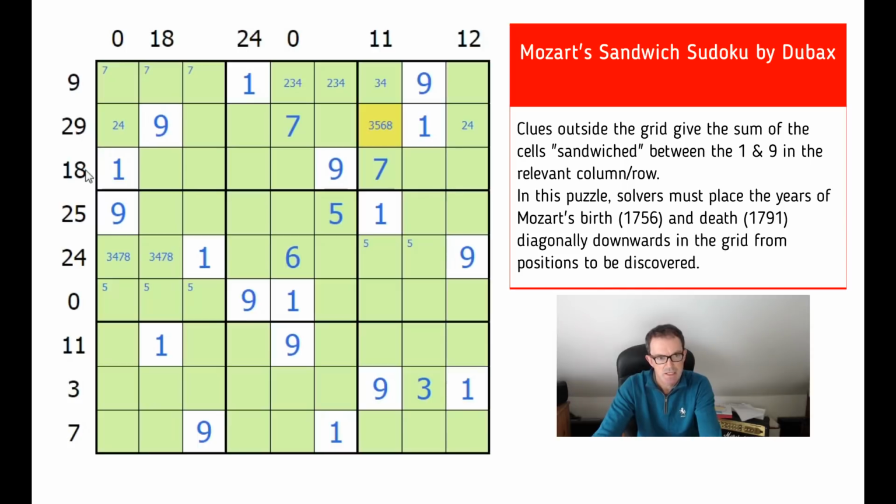And this 18 here, so 18, 28, 35, these two squares sum up to 10 without using a 7 or a 9. So these squares are either 2, 8 or 4, 6. 6 or 8.